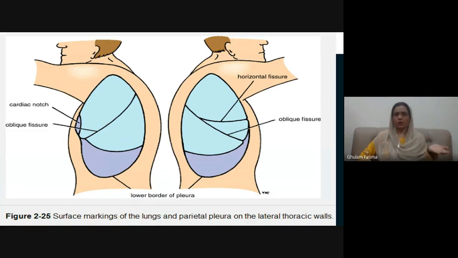Because of the cardiac notch, we have only two lobes, divided by the oblique fissure. So the oblique fissure is a common feature in both, dividing the upper lobe and the lower lobe. First we'll discuss the margins of the oblique fissure, because in both lungs it divides the lung into an upper lobe and a lower lobe.